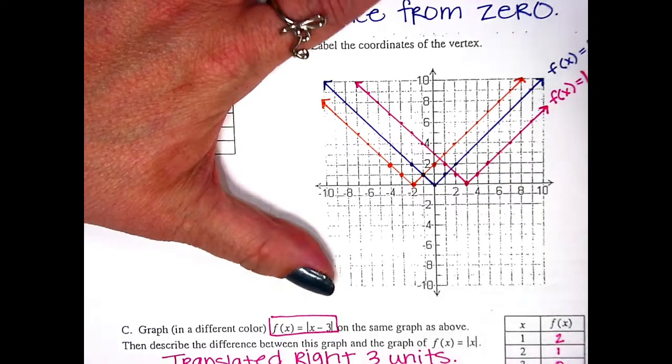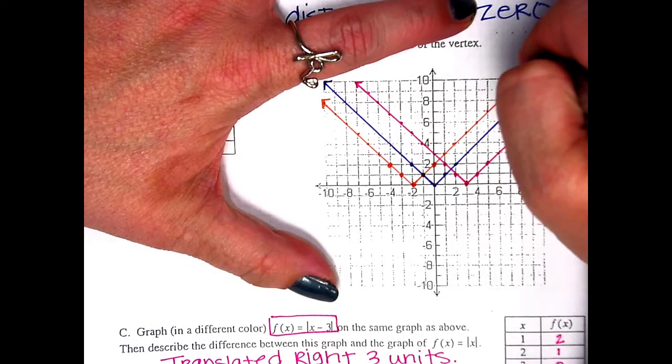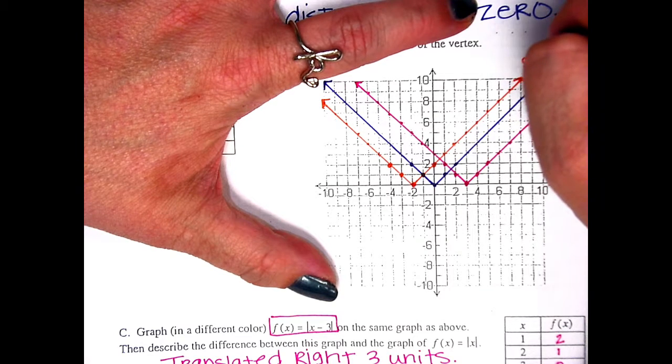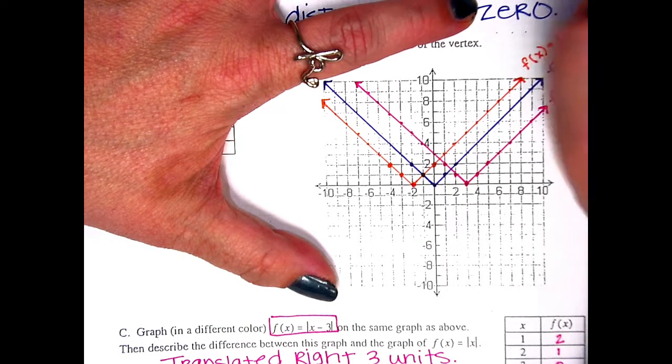Okay, and this is f of x equals the absolute value of x plus 2.